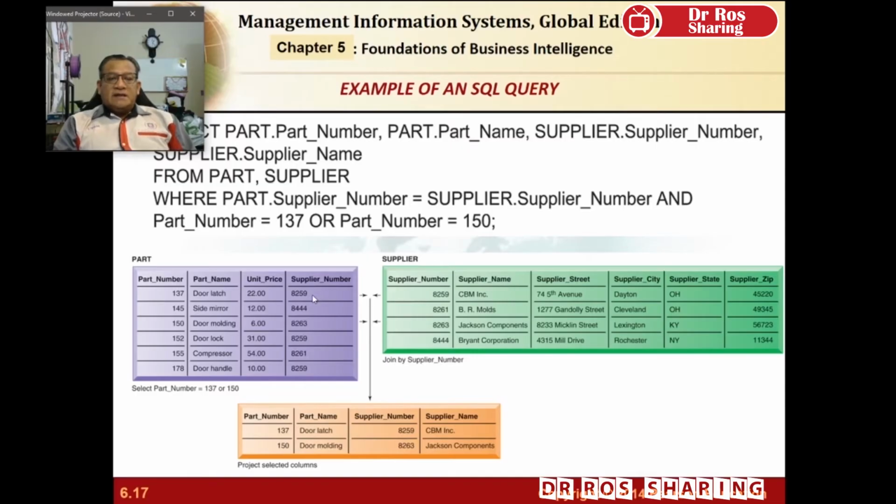So you join it with this supplier table, and you project it here. So select, then join and project this table, because you want to work only on these two products to be fetched for delivery. Okay, that is how the SQL query works.